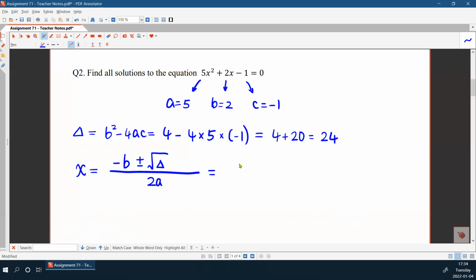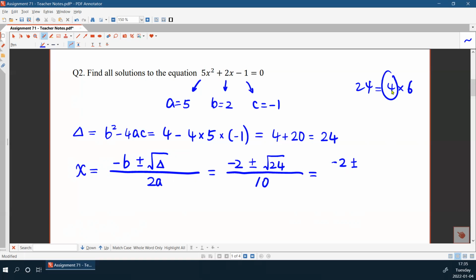Then let's put all the numbers in. 2a is 10, right? And negative b is -2. And then plus or minus square root of delta. Delta is 24. Usually we'll put the perfect square number outside the square root symbol. Note here 24 is 4 times 6, right?